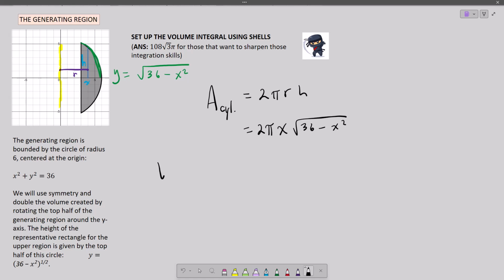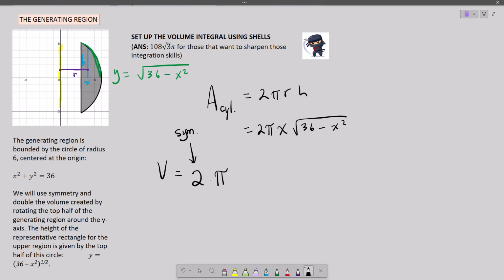And so then the volume will be 2 multiplied by the integral of that area. This element is just covering from the x-axis up to the curve, so it's only going to create half the napkin ring. So we need to double it. So this 2 out in front is by symmetry. And then we're going to have the pi.